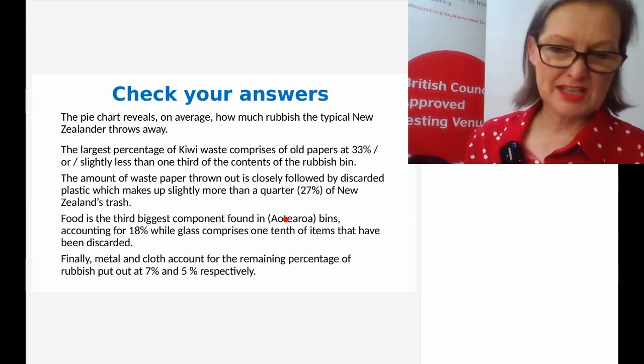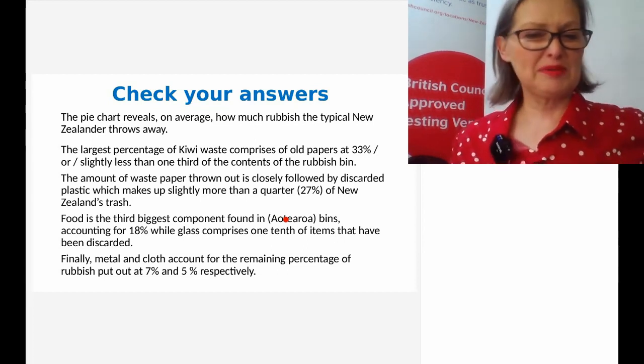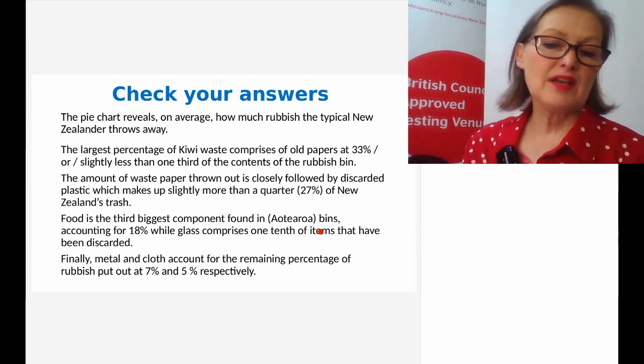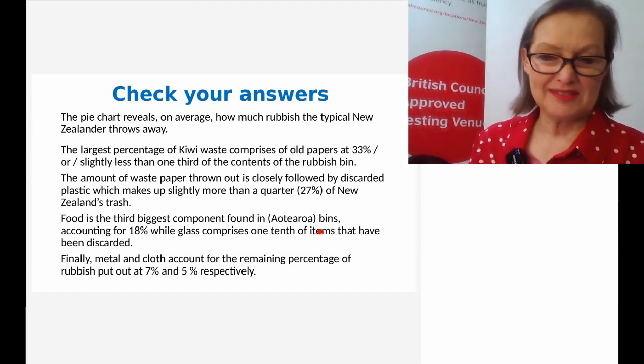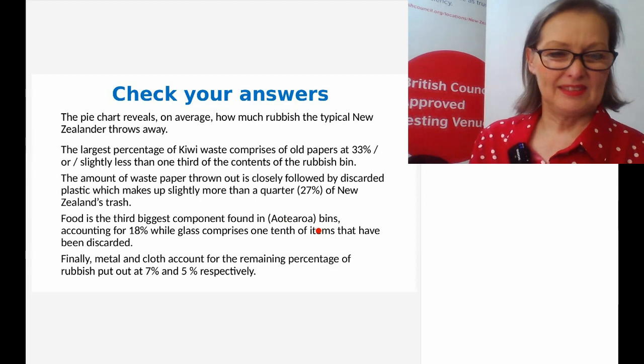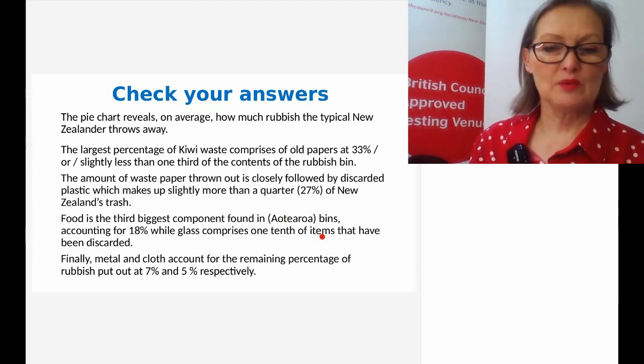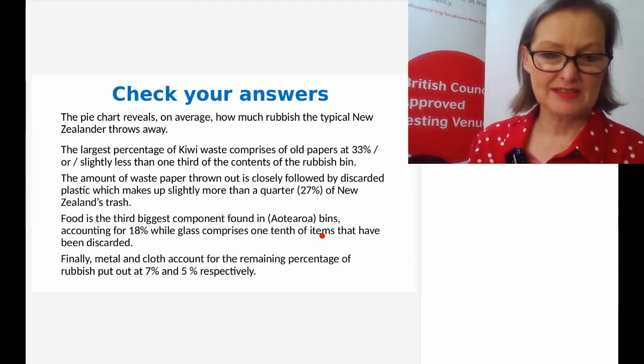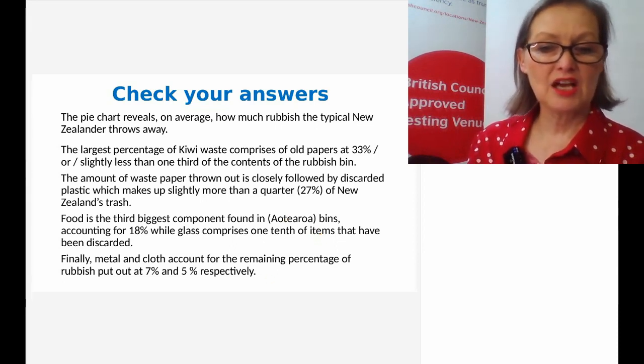And this one's really pedantic. Nobody expects you to be able to do this, but I've put it in anyway. So it's found in Kiwi bins or New Zealand bins. And once again, we'll have a look at this structure, accounting for 18%, while glass comprises.